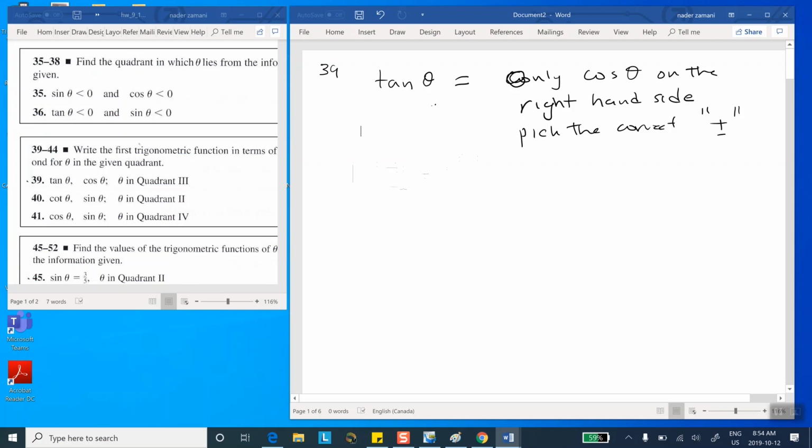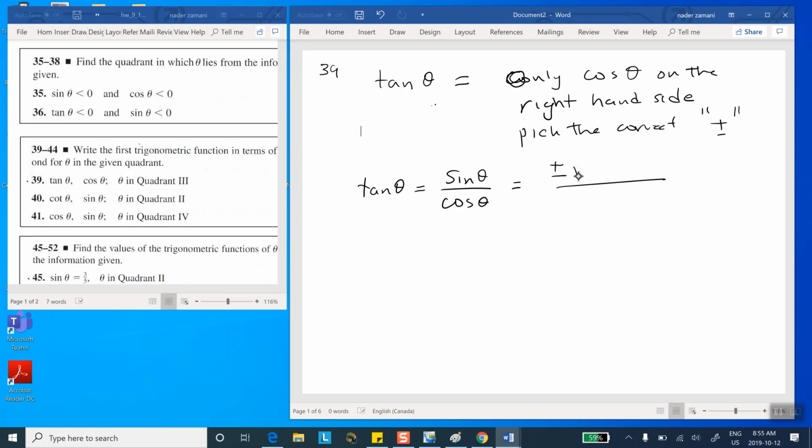Okay. So first of all, tangent of theta is sine of theta over cosine of theta. And since we want only cosine on the right-hand side, then immediately you write down one of the most important identities in trigonometry. We talked about this thing in class several times.